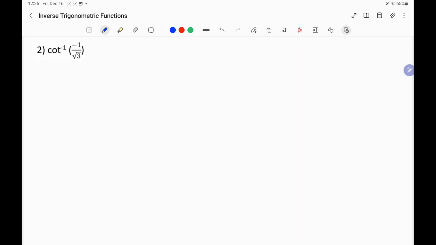Second question is to find the principal value of cot inverse of minus 1 by root 3. We will use the formula that cot inverse of minus x is equal to pi minus cot inverse of x. So it can be written as pi minus cot inverse of 1 by root 3. And we know that the value 1 by root 3 in terms of cot is for cot 60, that is cot pi by 3.